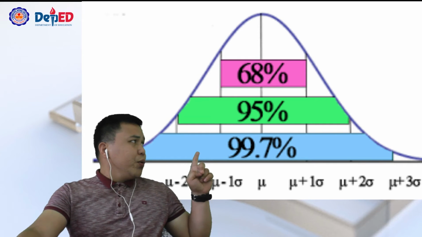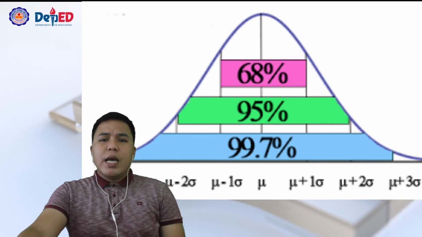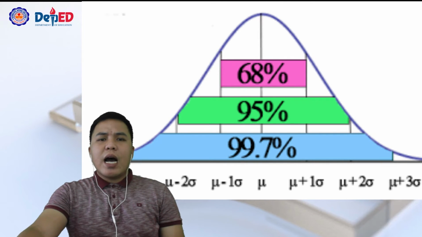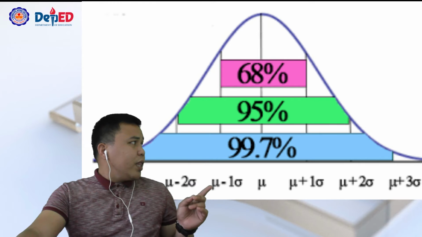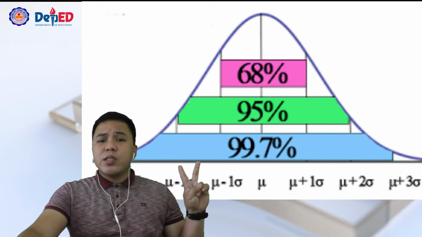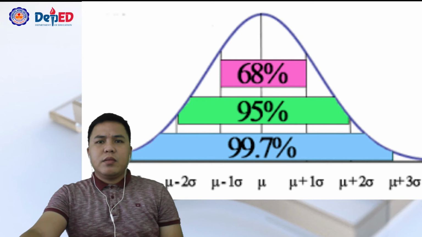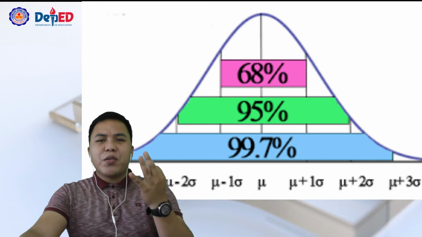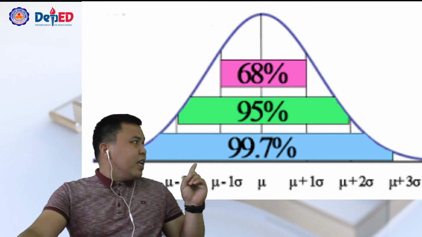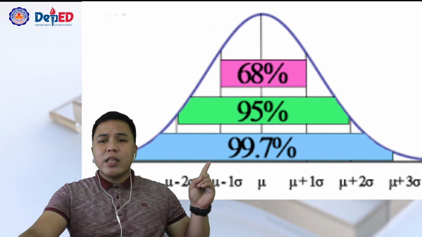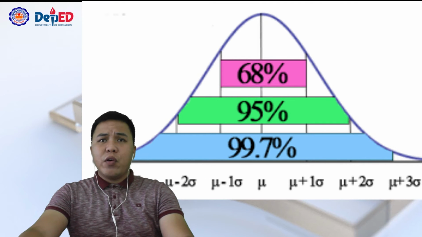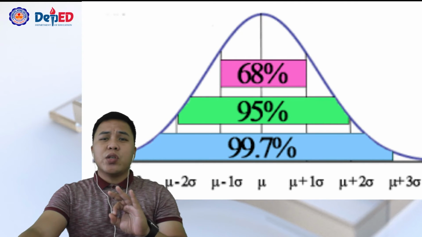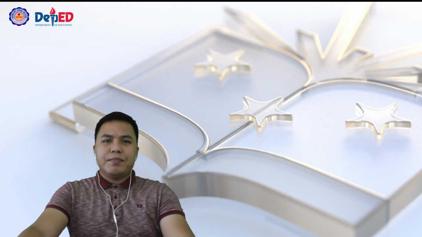And for rule number 2, about 95.44% of the area under the curve falls within two standard deviations from the mean. And for rule number 3, about 99.74% of the area under the curve falls within 3 standard deviations from the mean.